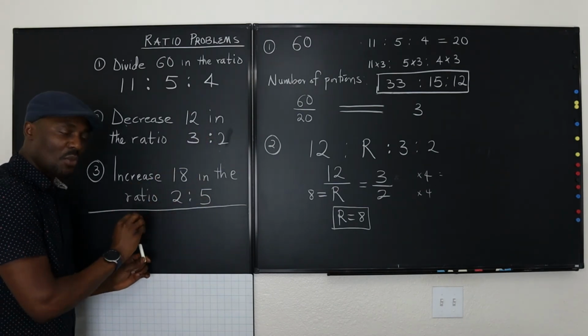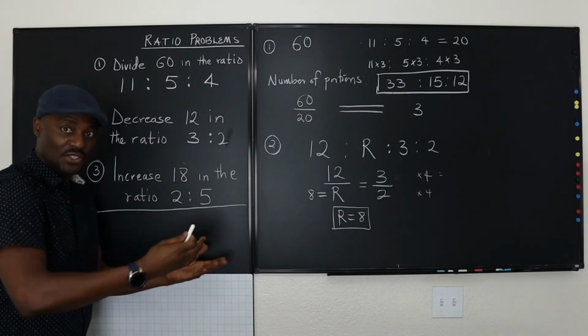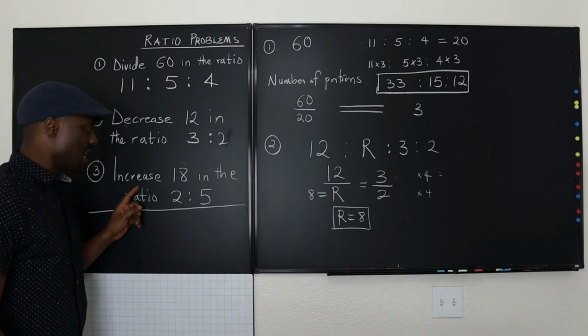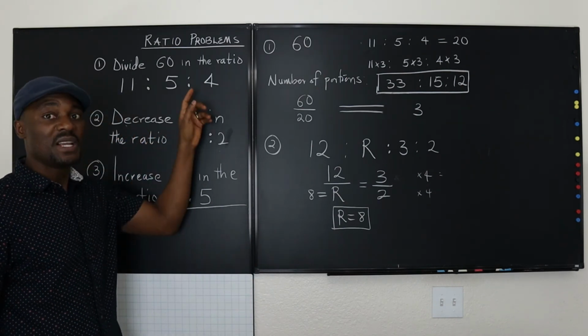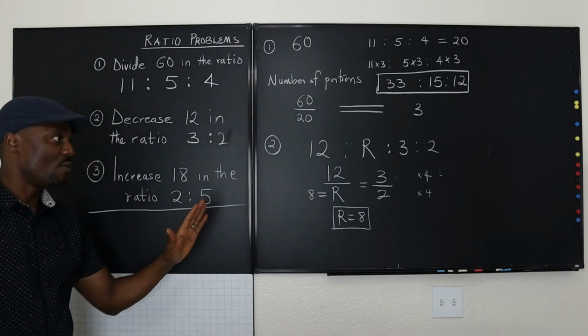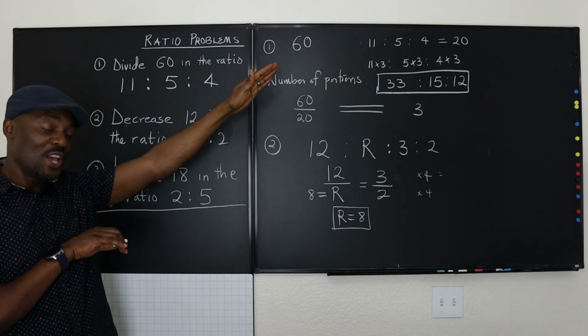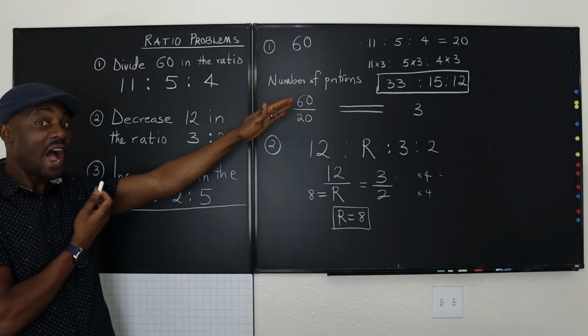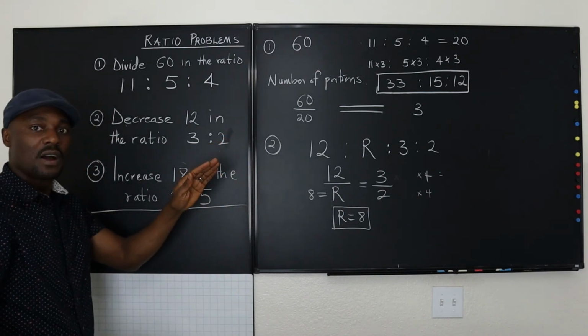We're going from a small number, so this is the small number. The number they give you is the small number, always, if you're increasing. If you're decreasing, the number they give you is the big number because you're going down. This way, we're going up, we're increasing. So 18 is what I represent, and the other number we're looking for represents R.